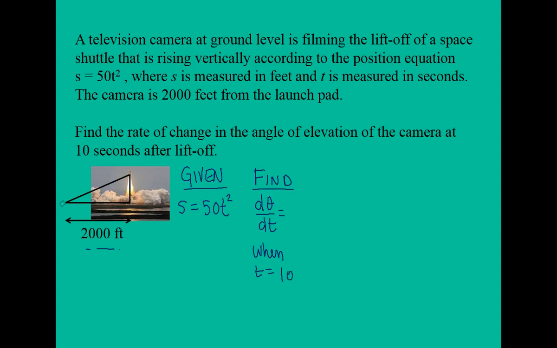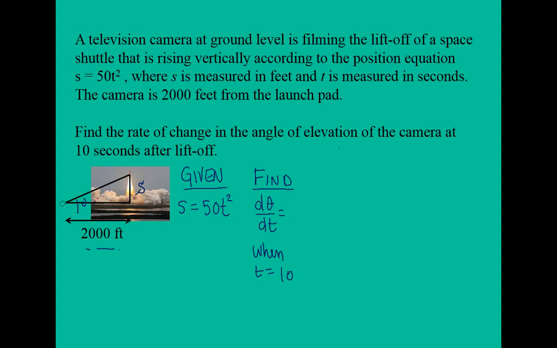So what's an equation that we could use to relate our variables together? Now we know the position function of the rocket. That's the position function, S equals 50t squared. So how could we relate our variables together here? S and theta, and we know this is the angle here.